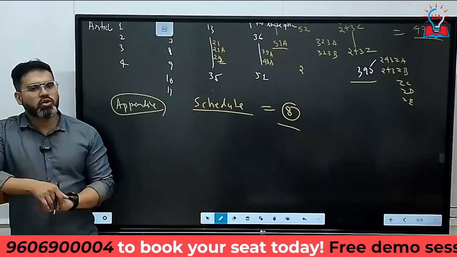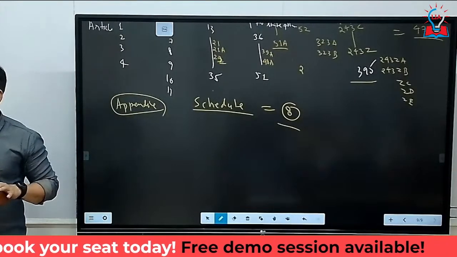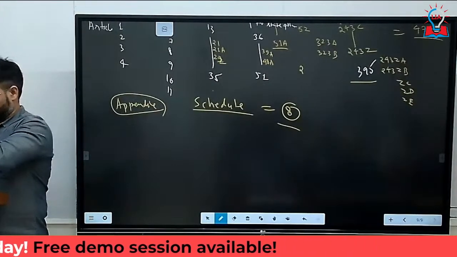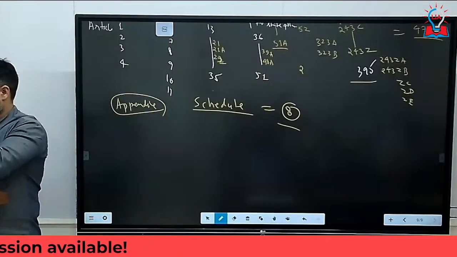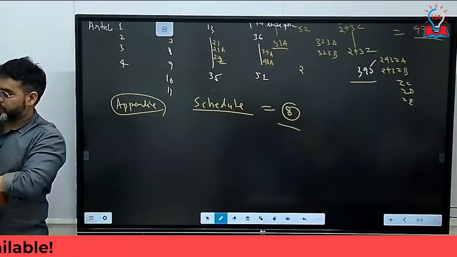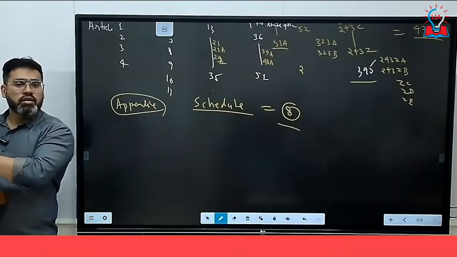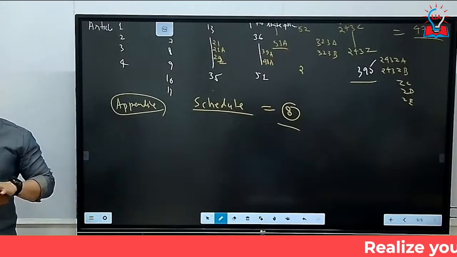And right now we have a total of 12 schedules. Yes. Schedule means just a list, an appendix, extra things. That's it.